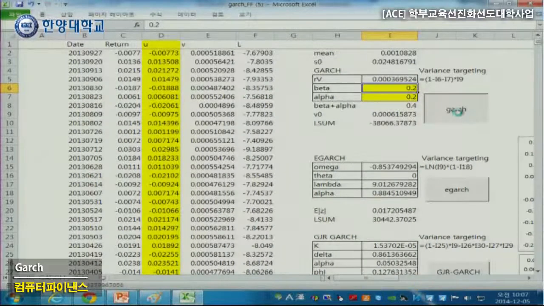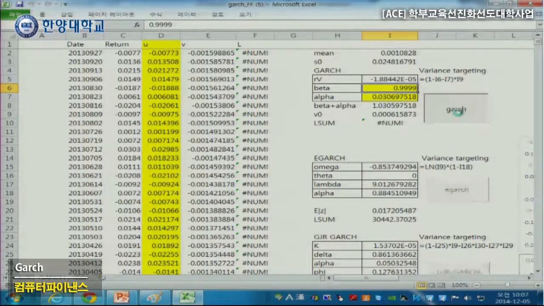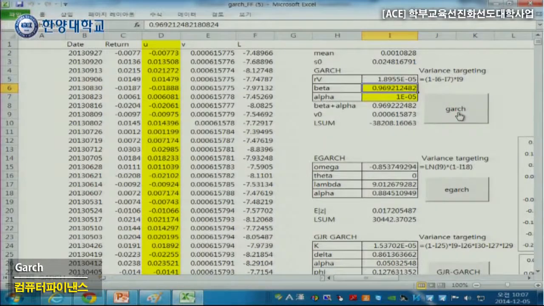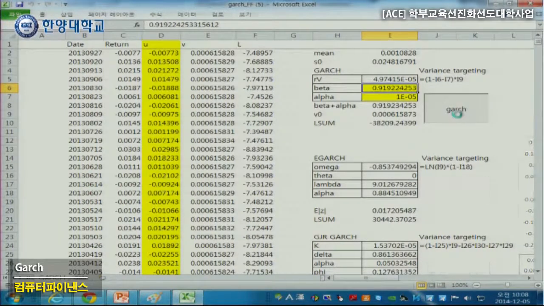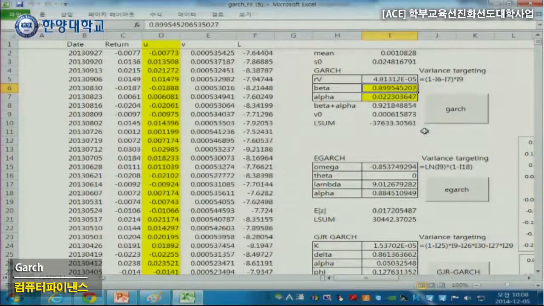Even if I did variance targeting, the answer is not that appealing because it is minus 37. Oh, I think this looks okay. Minus 37, something like this. So, okay, I got the answer.